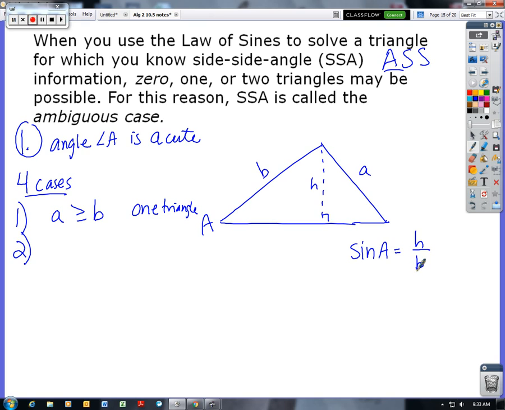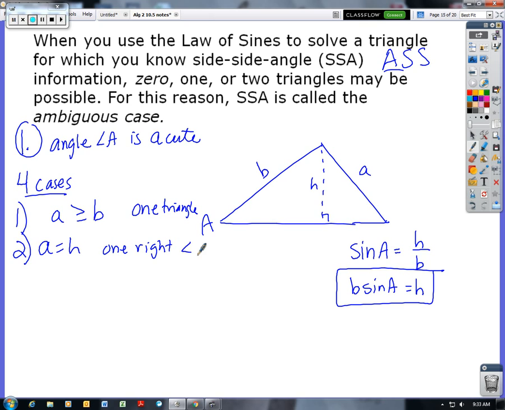So that means that h is b times sine of A. Something to write down and box in, because you're going to be finding h. If this side A is the same as h, then what type of triangle will we have? Well, we'll have a right triangle, right? So when A equals h, we have one right triangle.